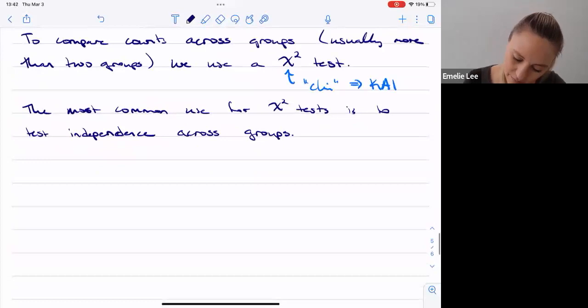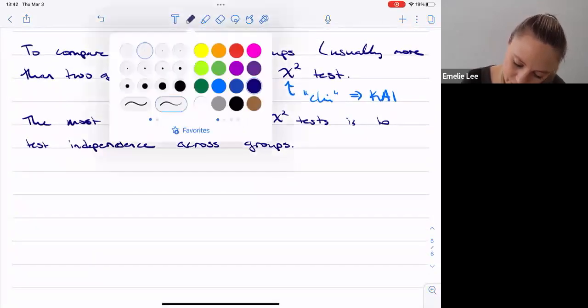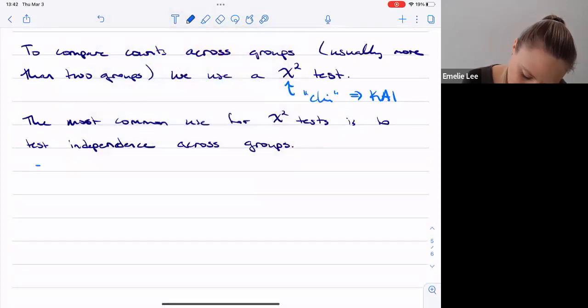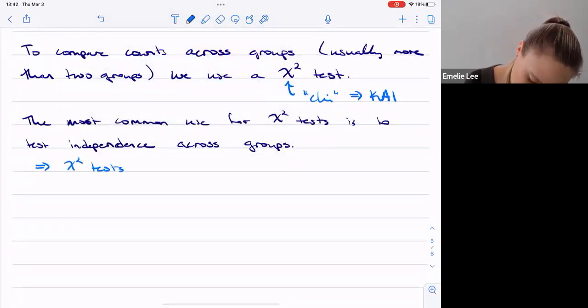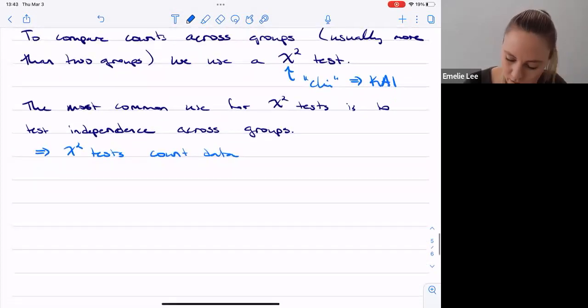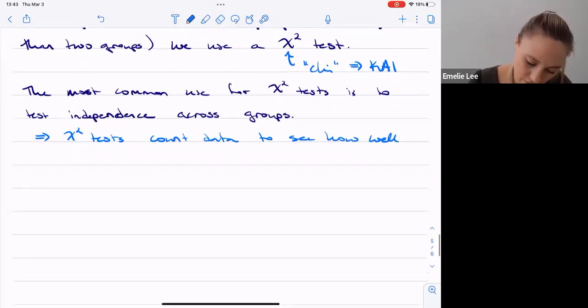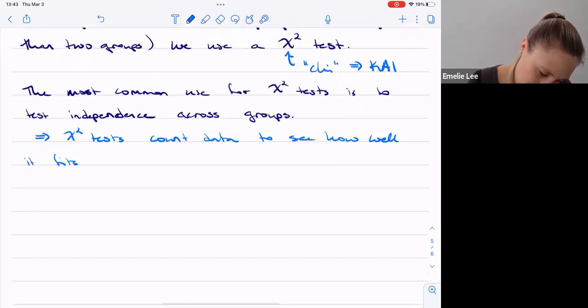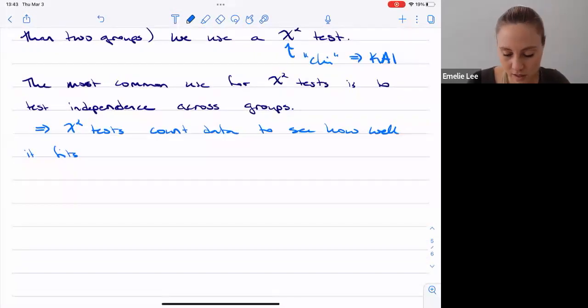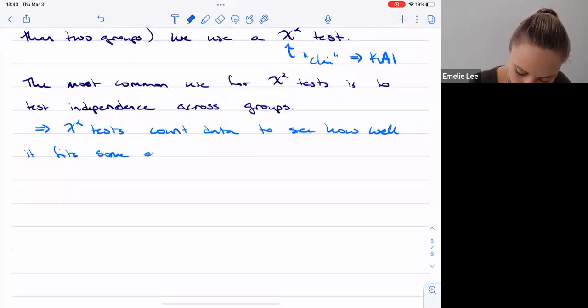So what we're going to do here is the chi-squared tests count data to see how well it fits some expected distribution.